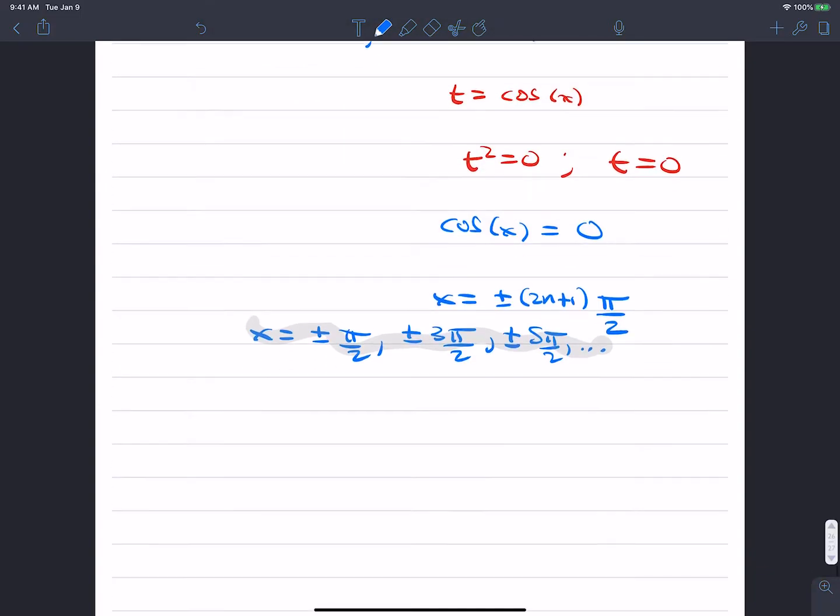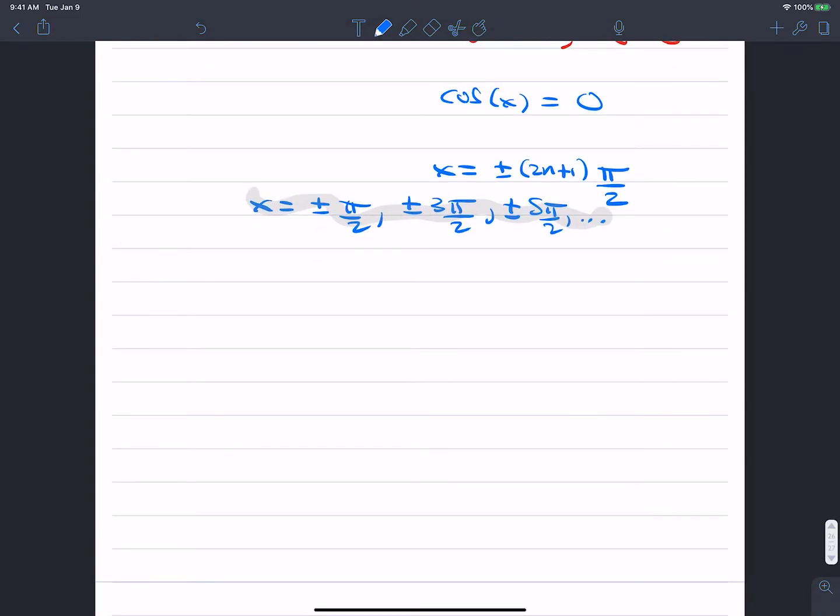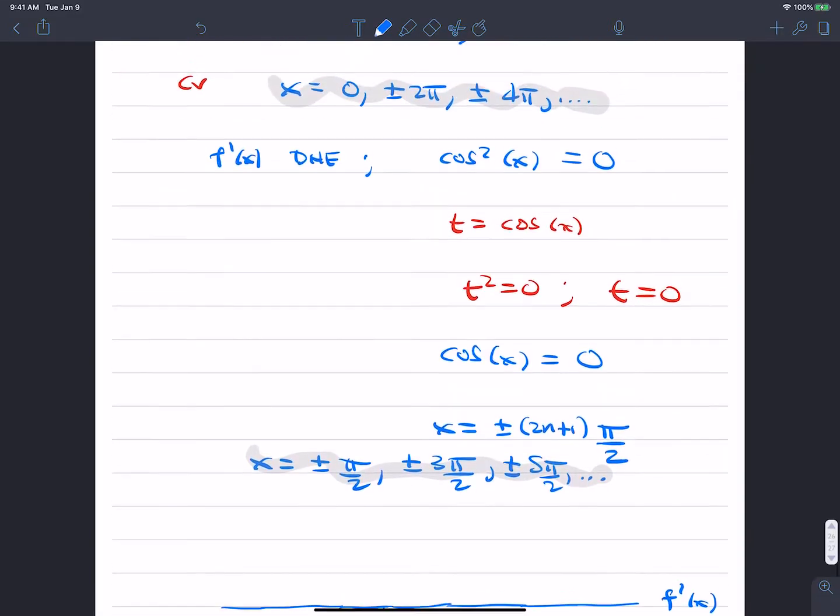So sign analysis. Now, let's simplify some of this here. Let's at least set this up. First derivative. Where is this derivative 0?